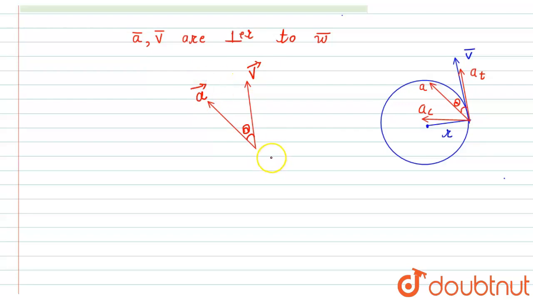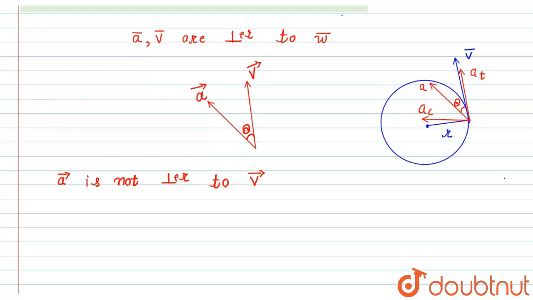So obviously it won't be perpendicular to the velocity, right? So here I can state that the acceleration is not perpendicular to the velocity vector in non-uniform circular motion.